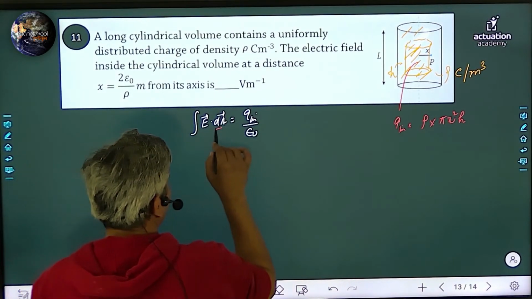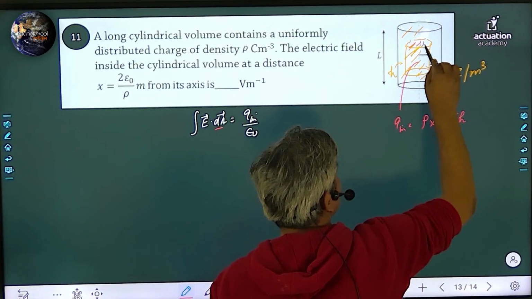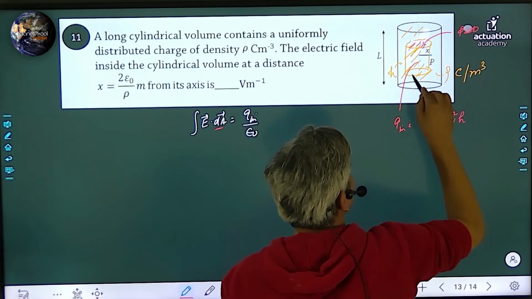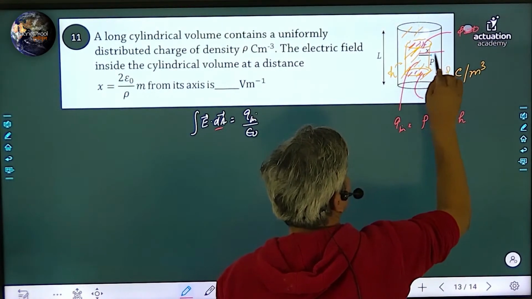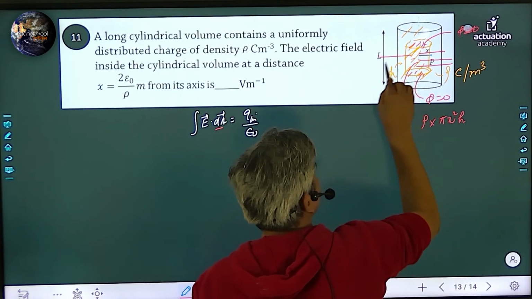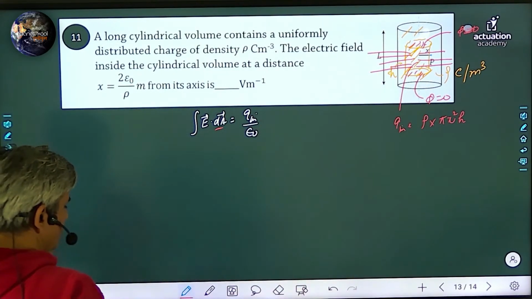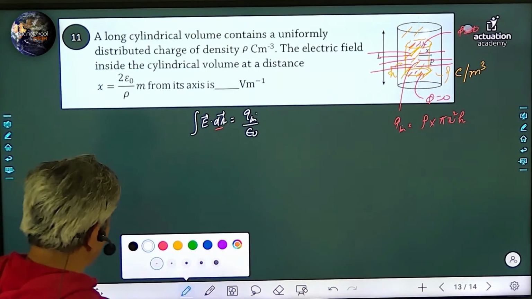Now we have to find out the area. From these two, the flux will be zero from the top and from the bottom. The whole flux will pass through the lateral surface area.